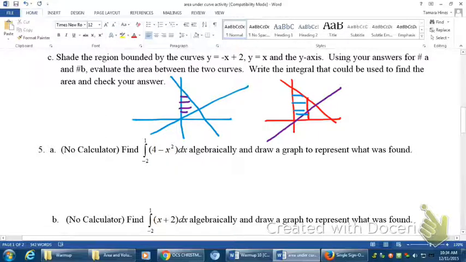In the B part, we found the area of this little triangle right here. Okay, I didn't do a very good job drawing it. I think I'm going to have to redraw it.